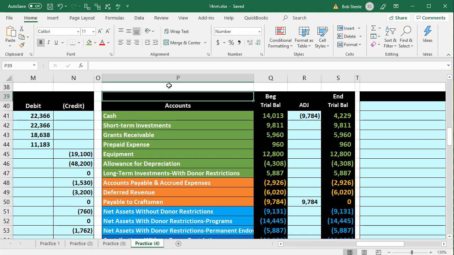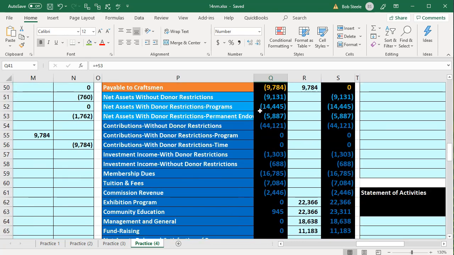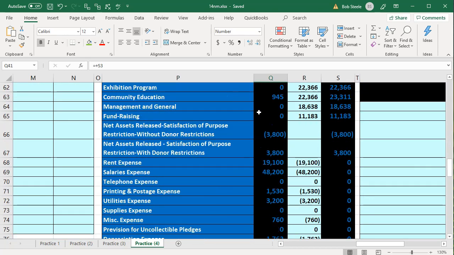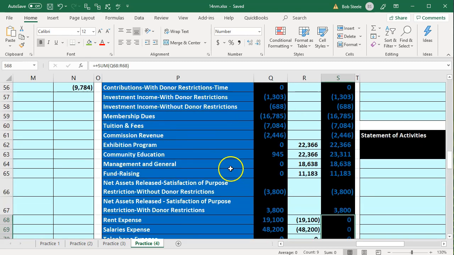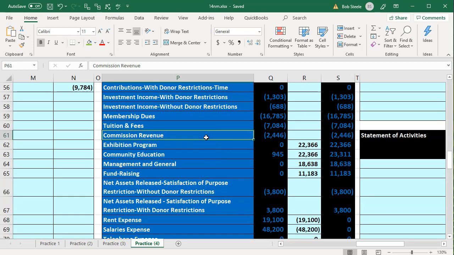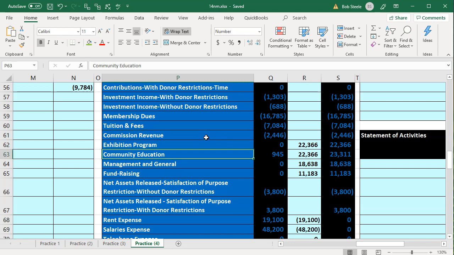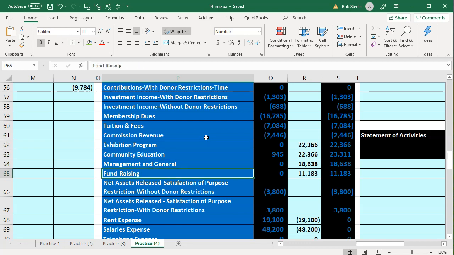So this middle trial balance is the one that we will generally be working with for the financial statement creation. This trial balance began with the beginning balance in the prior trial balance, and we reallocated. The main thing we did was to reallocate the expense accounts from a grouping by expense account to the grouping by the programs and the supporting activities: exhibition program, community education, management, and then the fundraising.